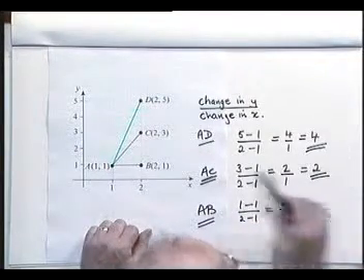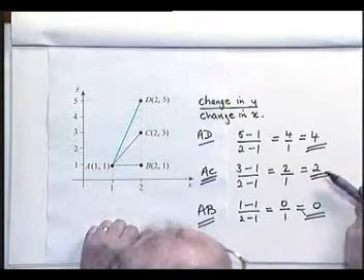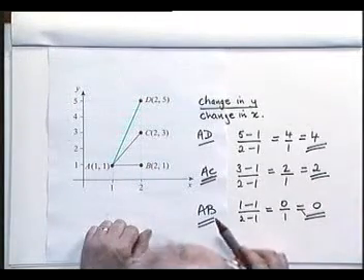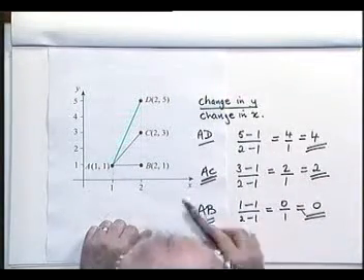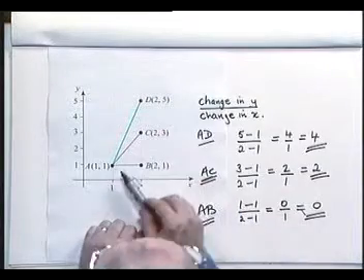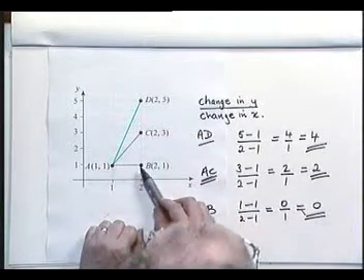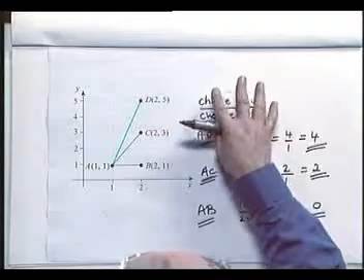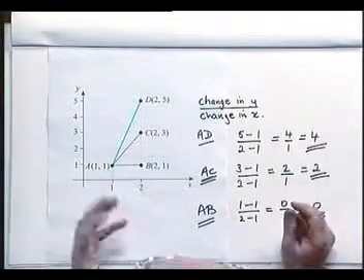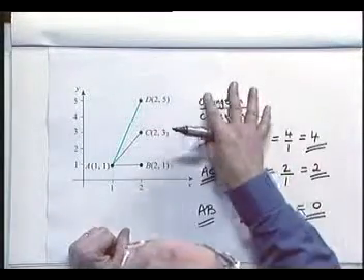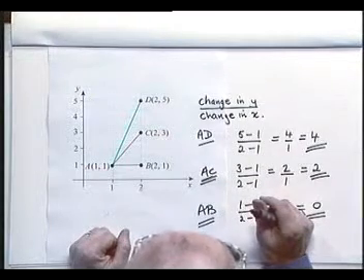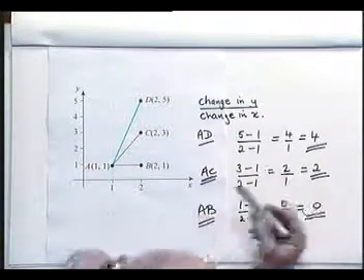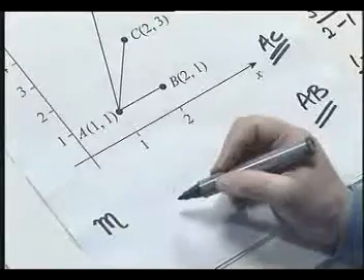And in turn, this quantity for AC is greater than for AB, because AC is steeper than AB. So it's this quantity which gives us the measure that we're looking for. And it's this quantity we define to be the gradient of the line segment. We often use the symbol m for gradient.